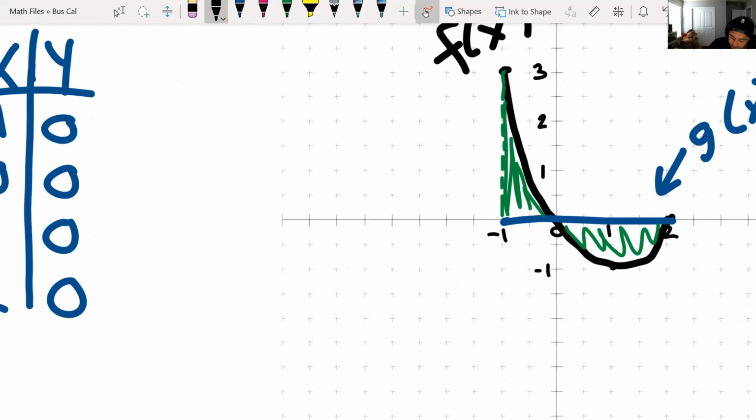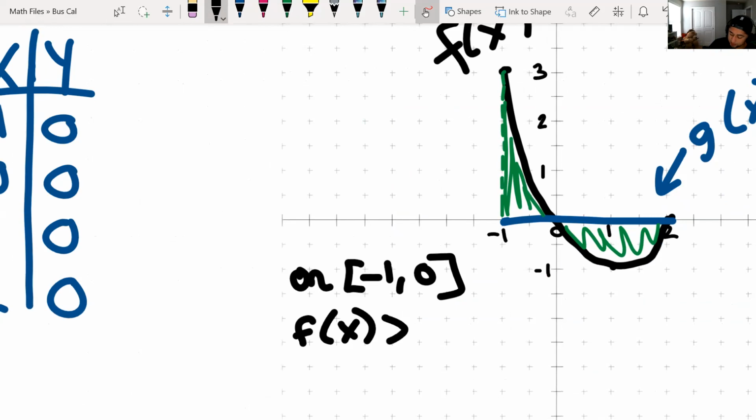So on the left side, from -1 to 0, f of x is above g of x, right?